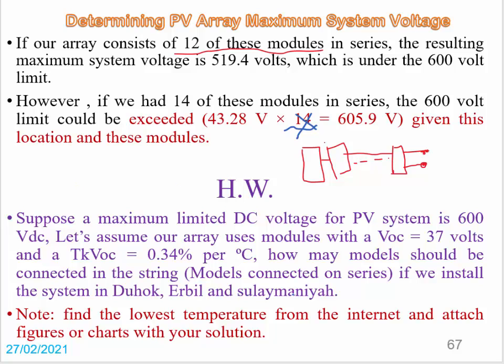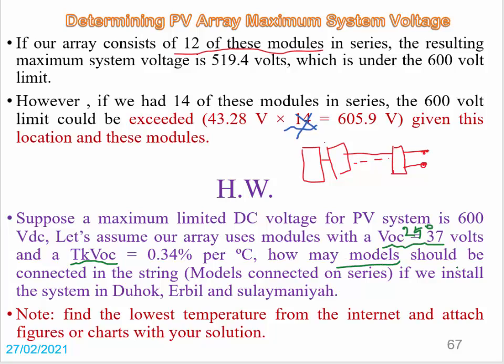Finally, this is a homework question. Suppose the maximum limited DC voltage for a PV system is 600 V DC. Let's assume our array uses modules with V open circuit 37 volt, of course at 25 degrees Celsius, and TK, the coefficient of the open circuit voltage, is 0.34% per degree Celsius.